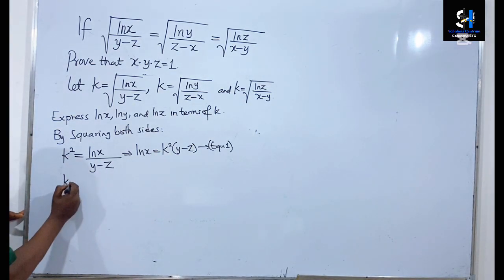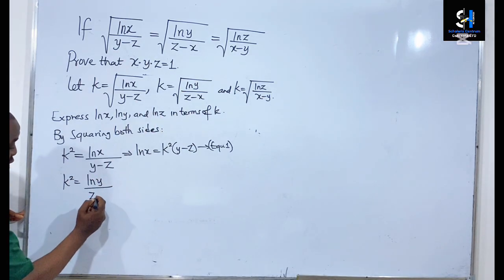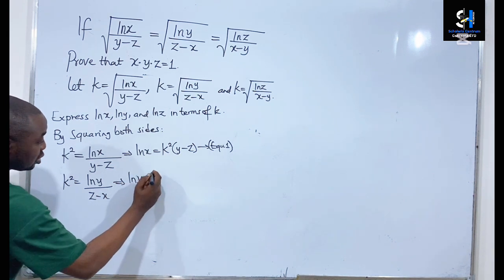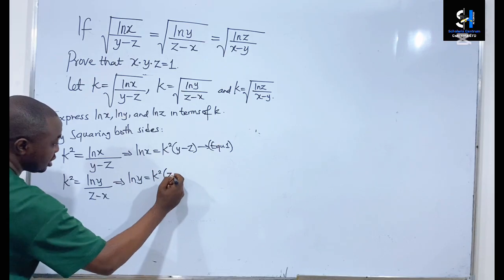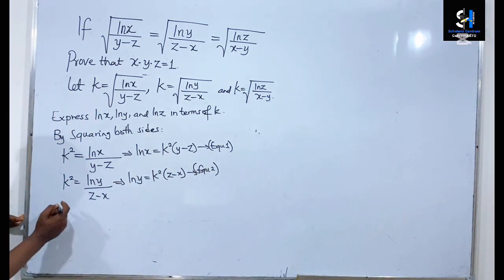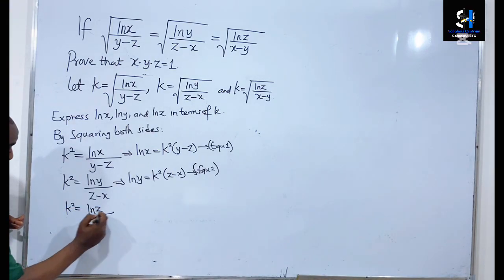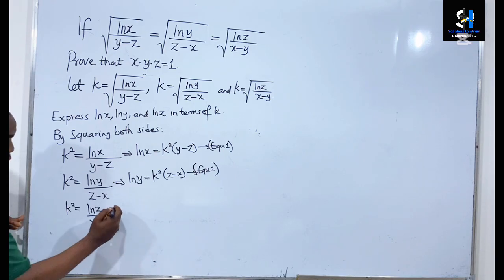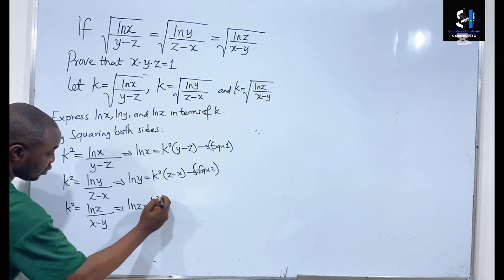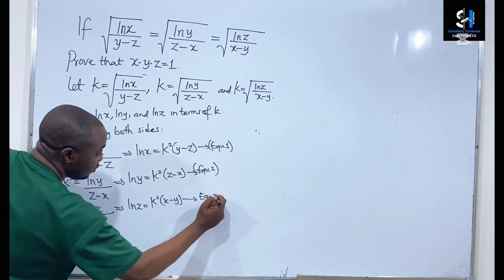Then for this one, k squared equals ln y over z minus x, so ln y equals k squared bracket z minus x, and this becomes equation 2. Then for the last one, k squared equals ln z over x minus y, so ln z equals k squared bracket x minus y, and this becomes equation 3.